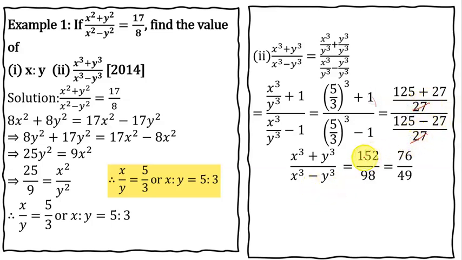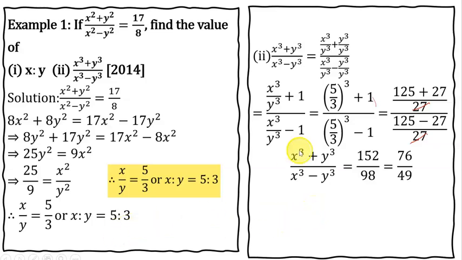Then you will get 152 upon 98. Again divide these two terms by 2, and you will get 76 upon 49. Hence the value of (x cube plus y cube) upon (x cube minus y cube) is equal to 76 upon 49. This is one of the ways.